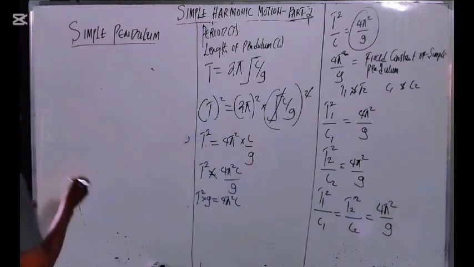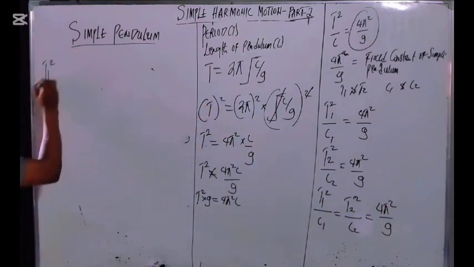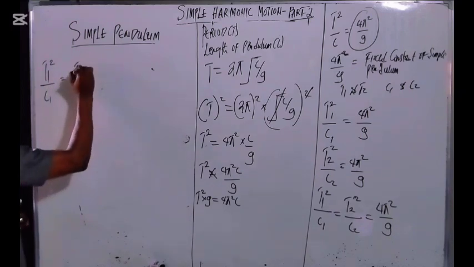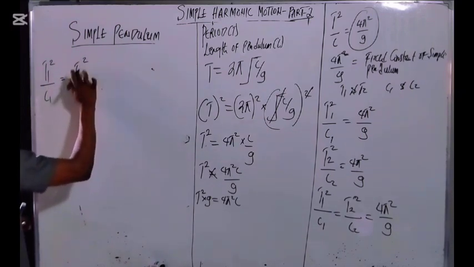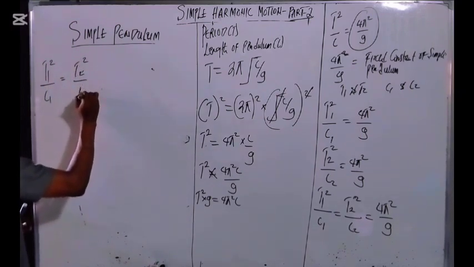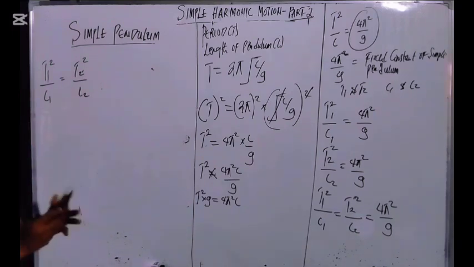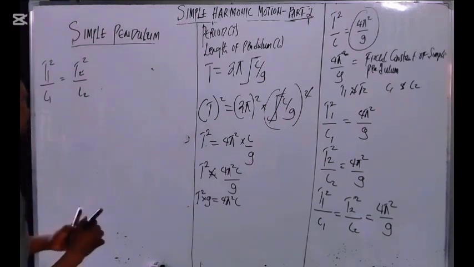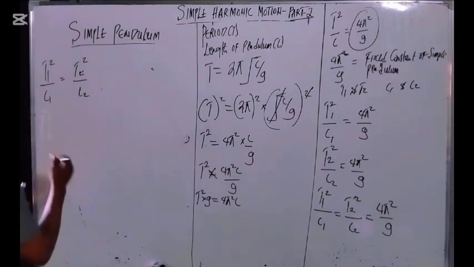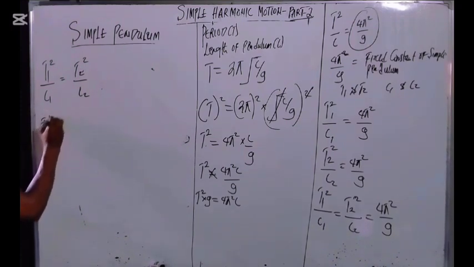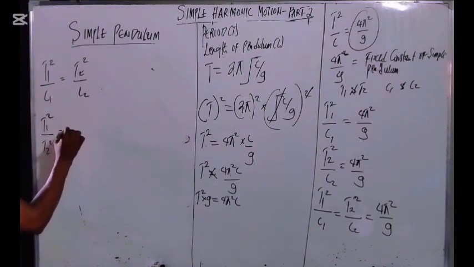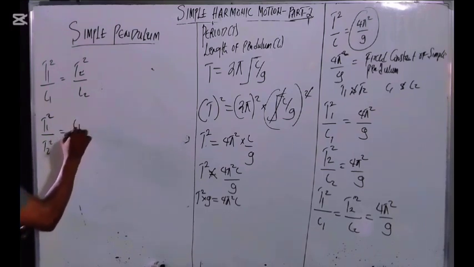So here we have T1 squared over L1 equals T2 squared over L2, right? Now if you rearrange this, this is what you're going to get: T1 squared over T2 squared equals L1 over L2.